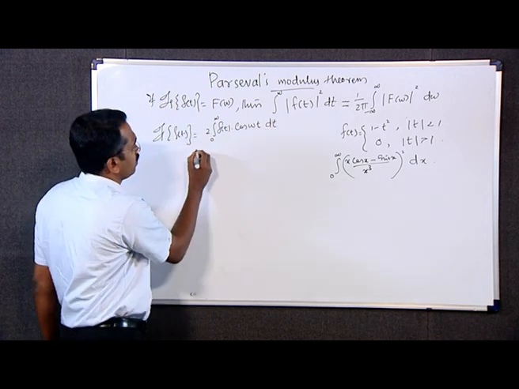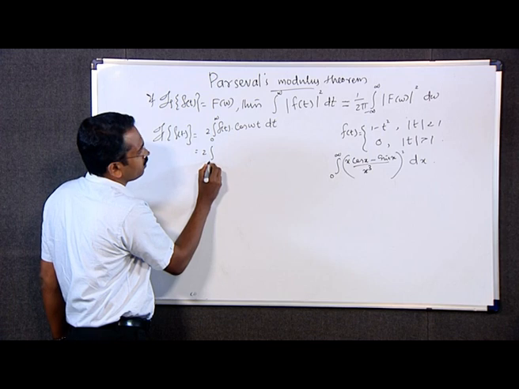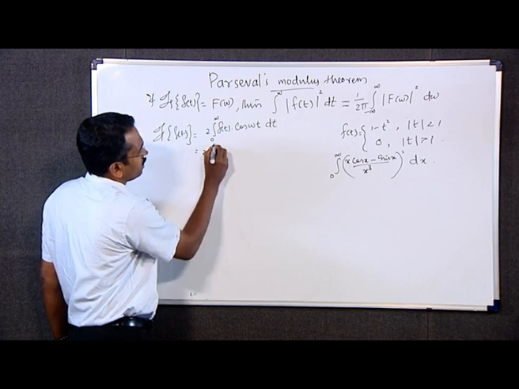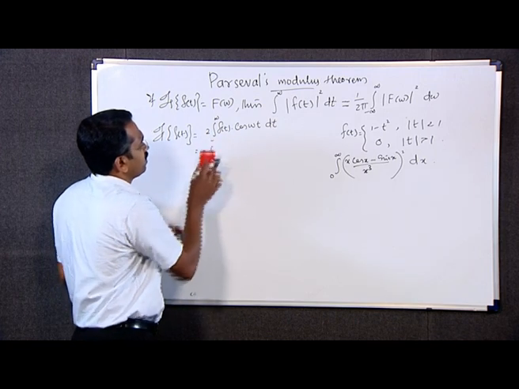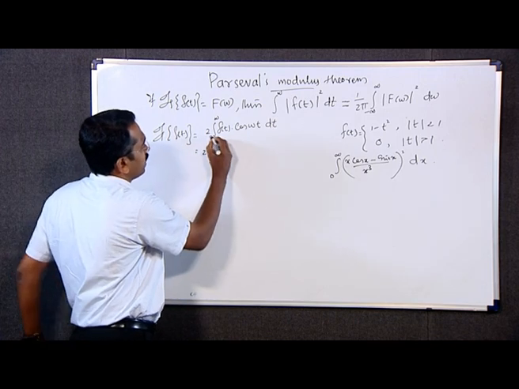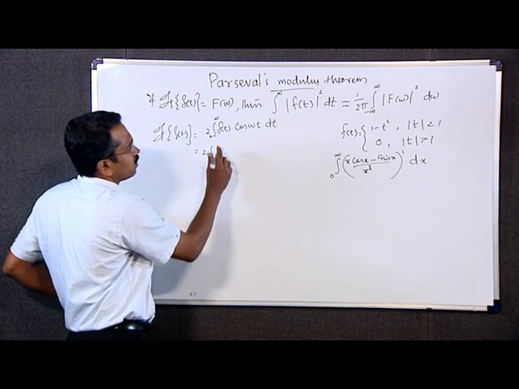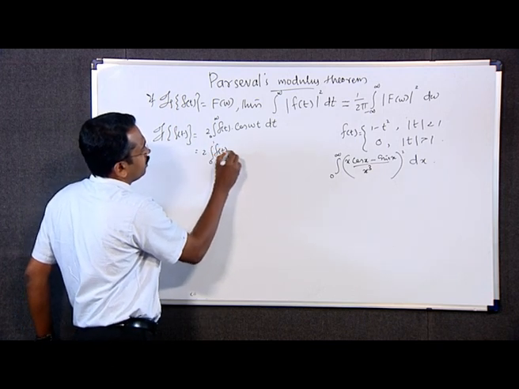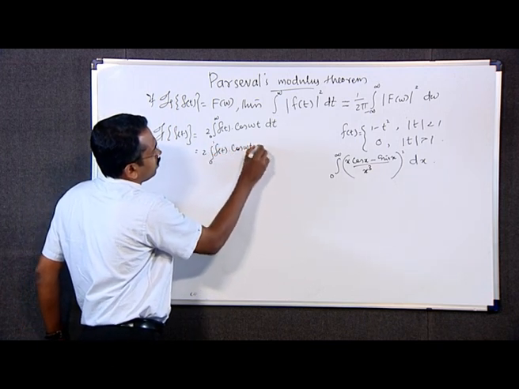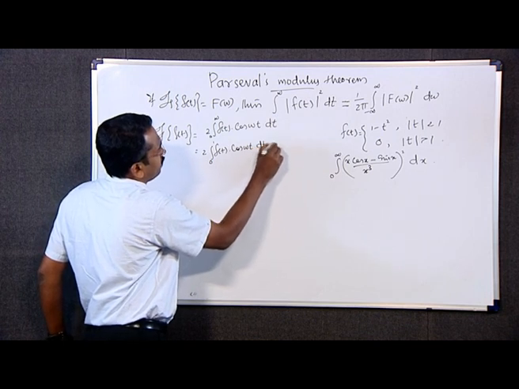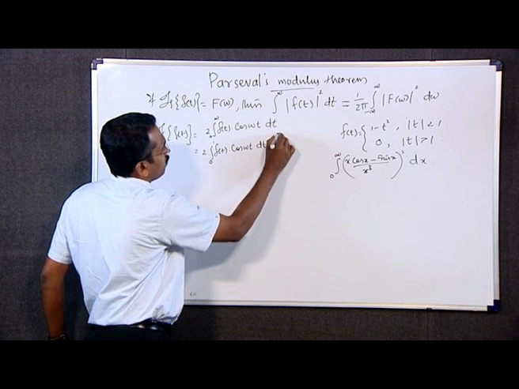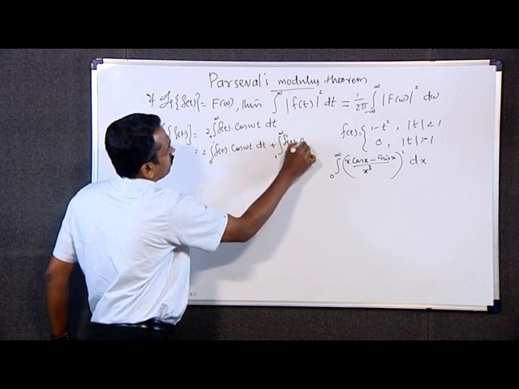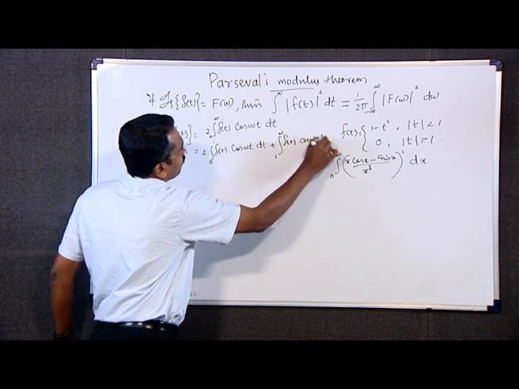We can split this integral 0 to infinity as 0 to 1 f of t cos omega t dt plus integral from 1 to infinity f of t cos omega t dt.